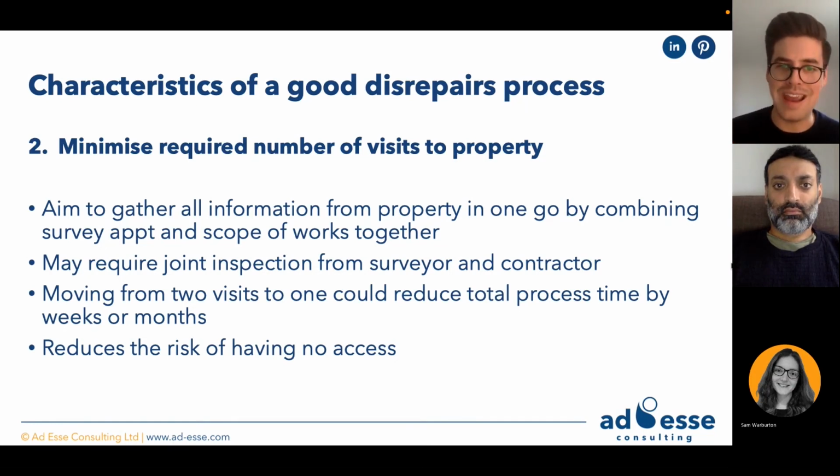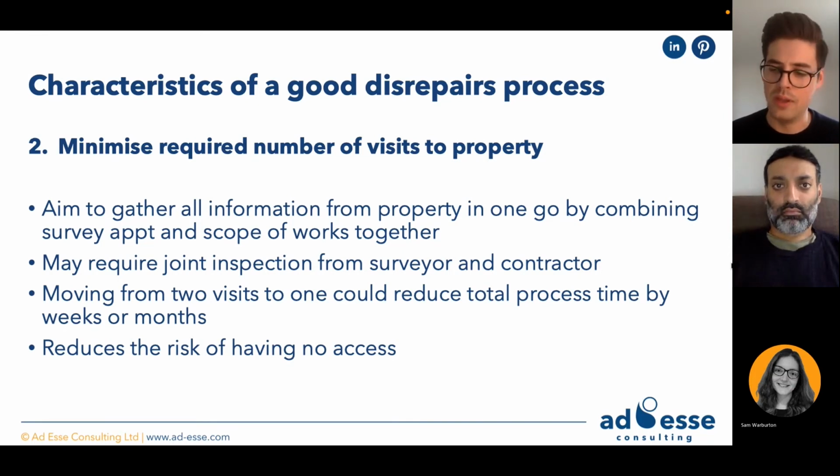Where those are separated out and we've got 2 different appointments, that's starting to really extend the total process time. And particularly if we have a backlog and it's difficult to have near-term availability to complete some of these appointments, it could extend total process time by weeks, if not months, by splitting out those two aspects of the process.